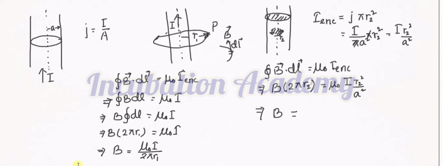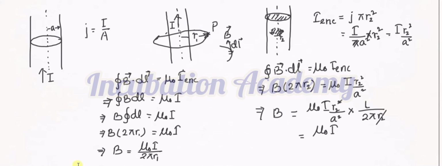So B equals mu naught into I r2 square divided by A square, multiplied by 1 by 2 pi r2. This r2 and this square cancel out.